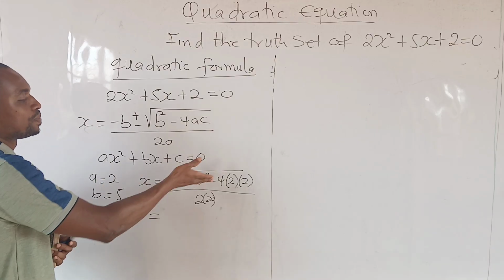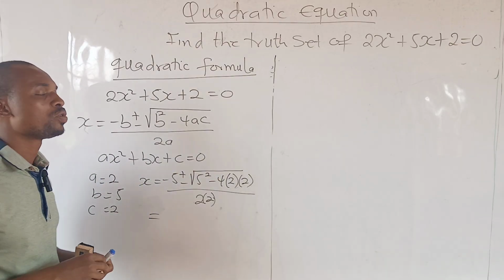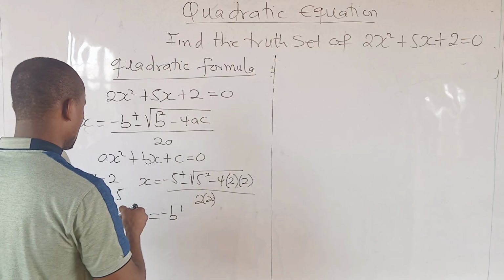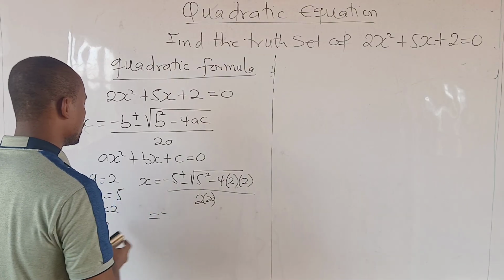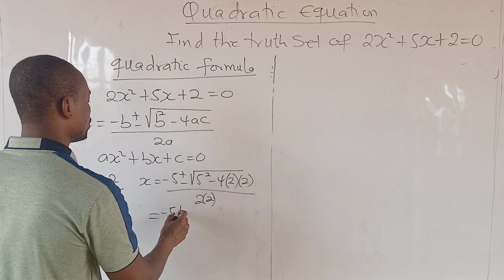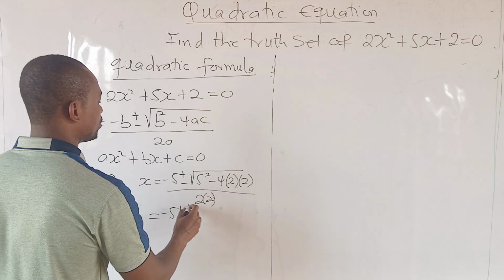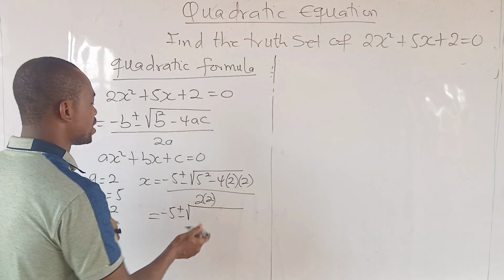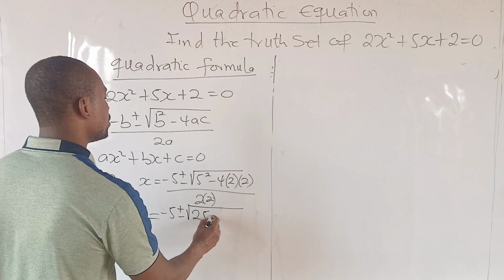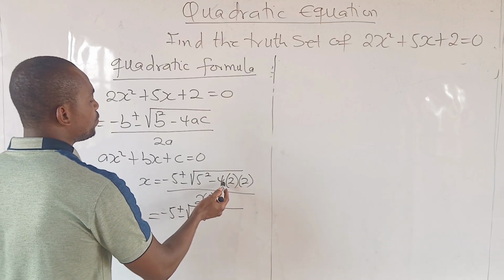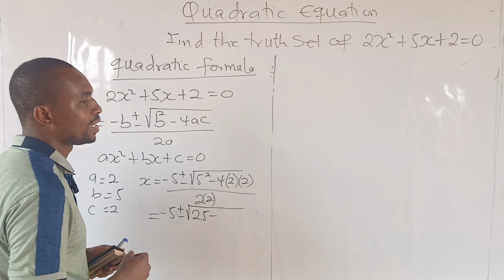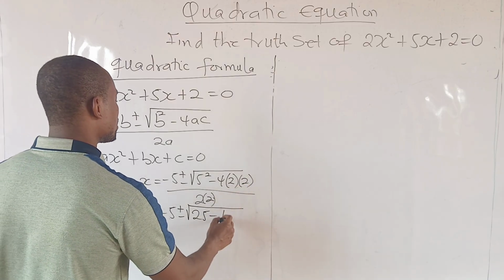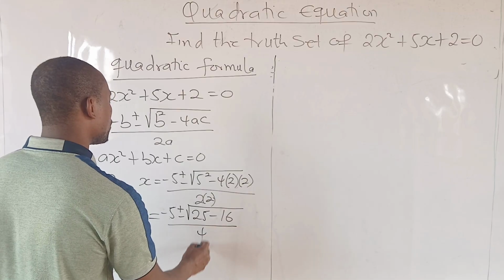So you solve the square root. What is in the square root first? So it will be b squared, so 5 squared will give us 25 minus 4 times 2 gives us 8, times 2 gives us 16, all on 4.